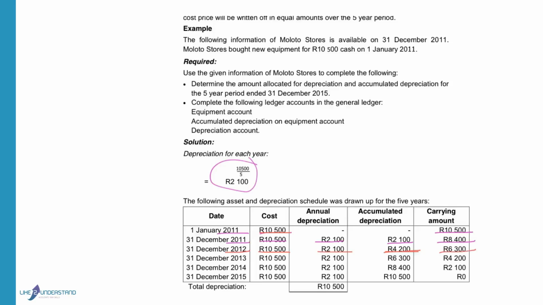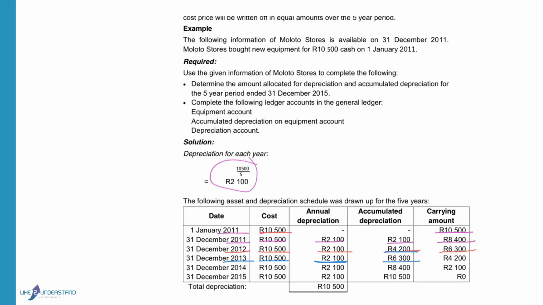At the end of December 2013, we will write off depreciation on the cost price again, $2,100. So our expense will be $2,100. Our total depreciation that accumulated over this 3-year period is $4,200 plus the $2,100, which will give me $6,300.